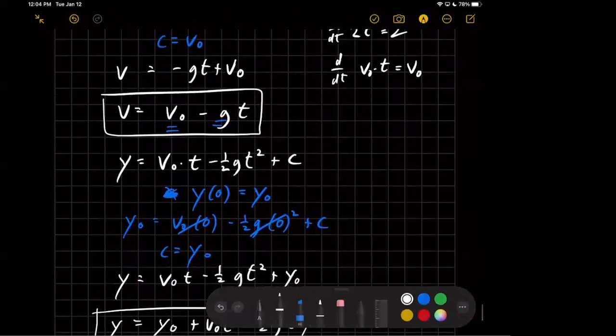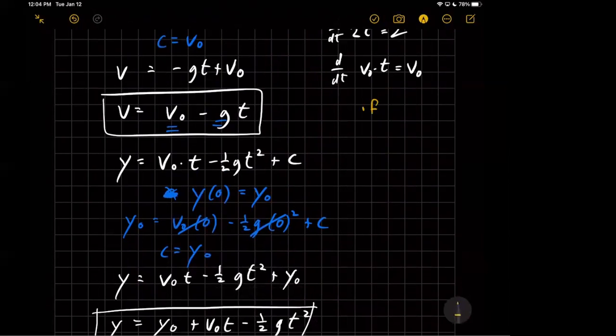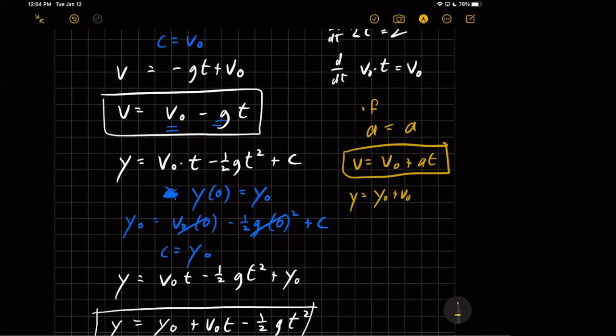If we had more generically started with a is just equal to a, then wherever we have negative g, we could put an a value. We get the standard kinematics formulas: v equals v naught plus at, and y equals y naught plus v naught t minus or plus 1/2 a t squared.